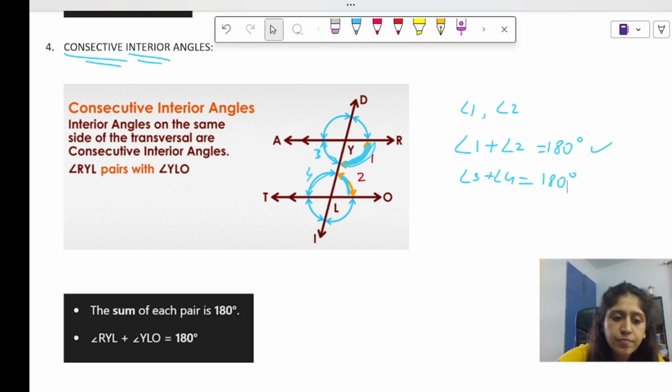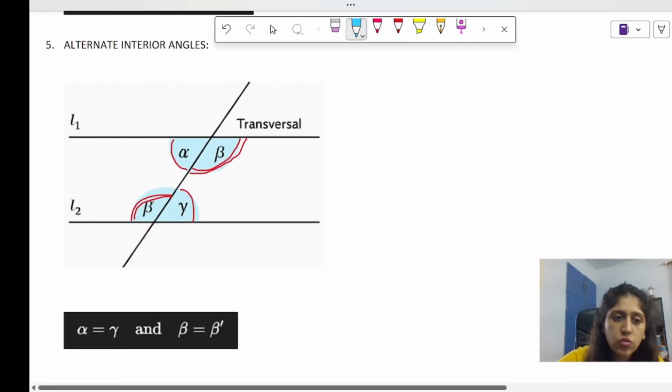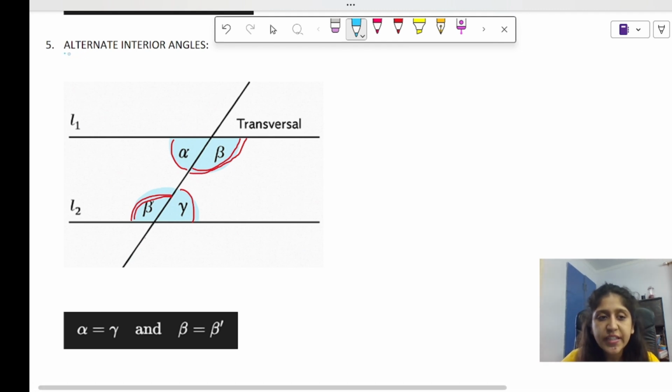Let's go further. Now, this is the last concept. Alternate interior. Okay. Just as we did alternate for exterior, there is an alternate for interior too. What is the alternate of interior? Look here, alpha and gamma, alpha and gamma, these are alternate interior. Alpha and gamma pair is an alternate interior angle.